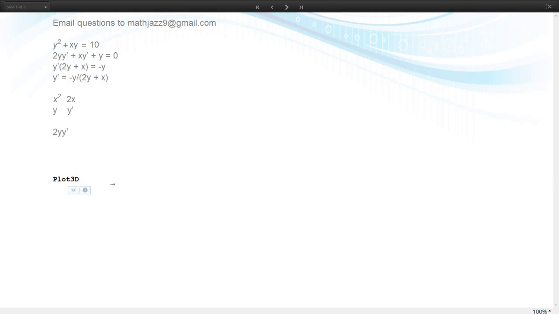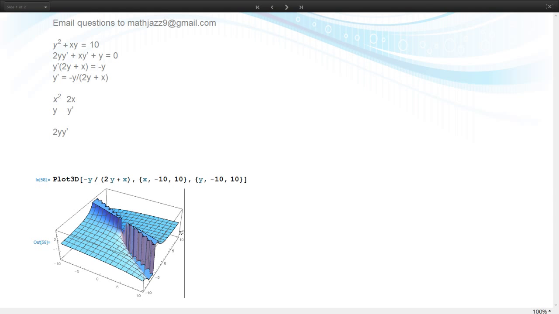So let's do this. This is going to be a 3D graph of our derivative of this implicit curve. And let's graph it from x equals -10 to 10, and y equals -10 to 10. I think this will do it.